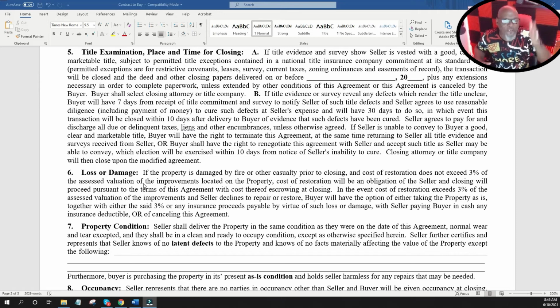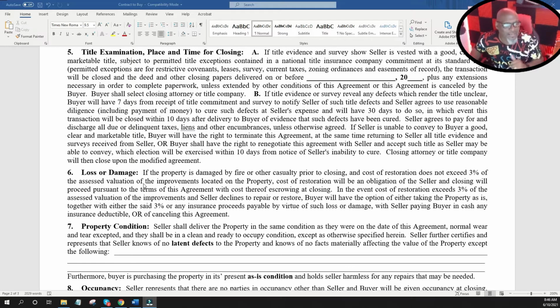So if it catches on fire, the seller is responsible for fixing the property back up to the condition that it was in prior to the fire. If it gets vandalized, then the seller is responsible for fixing it up to the condition that it was in prior to the vandalism. And if they don't, you have the right to back out of the contract.